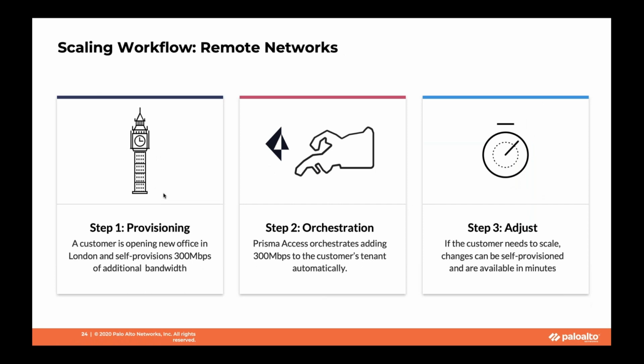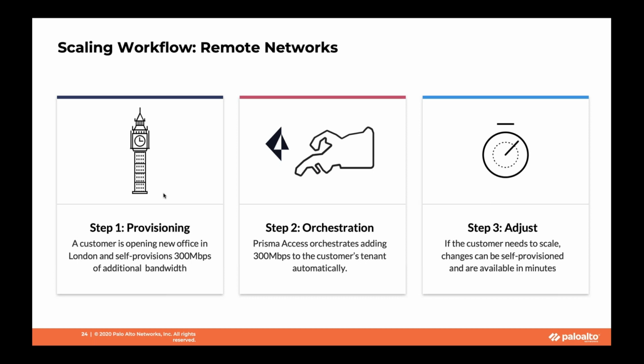Okay, something about the scaling of the workflow of a remote network. So once you want to connect a remote network, the only thing you need to do is set up a VPN connection towards Prisma Access. And on Prisma Access, you do it via Panorama. You assign an amount of bandwidth to that remote location.